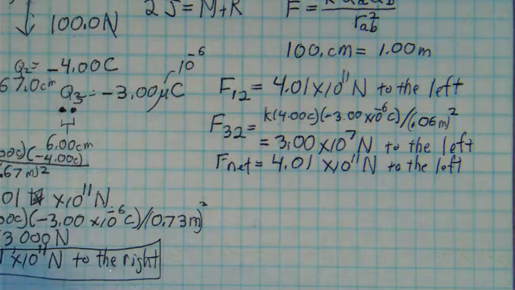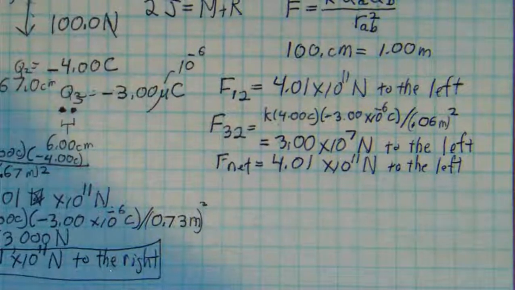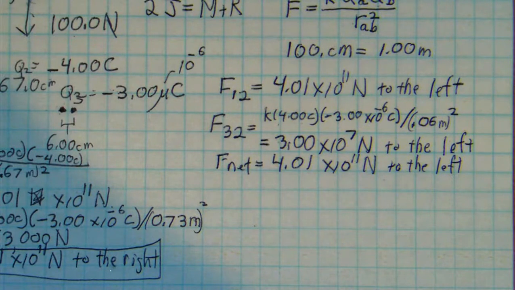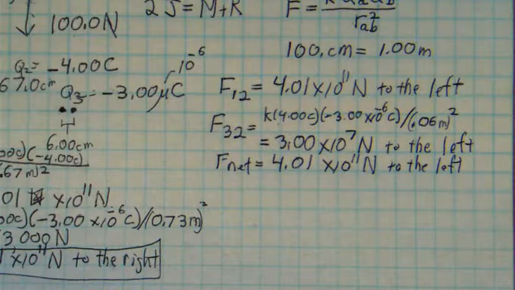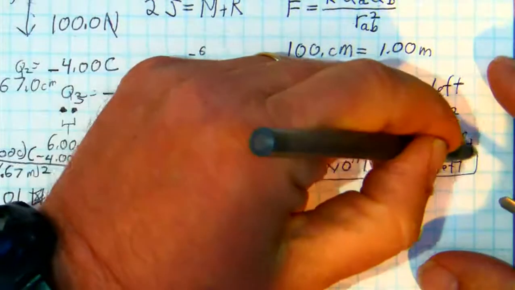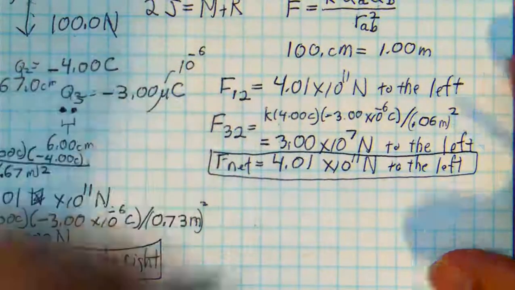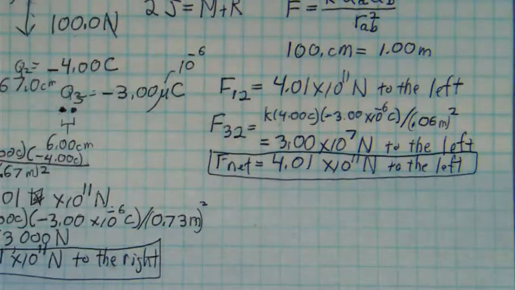It finally made a small difference somewhere out in, I don't know, way out there, in the 1, 2, 3, 4, fifth decimal place. It finally made a small change. It went from 53 to 56. Okay, so there's the answer for what is the net force on the middle charge caused by the two surrounding charges.